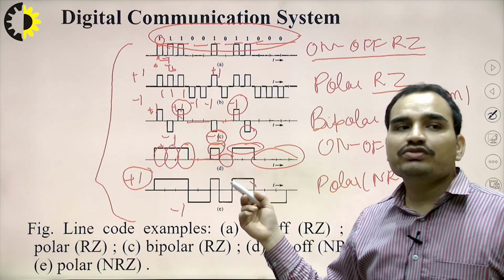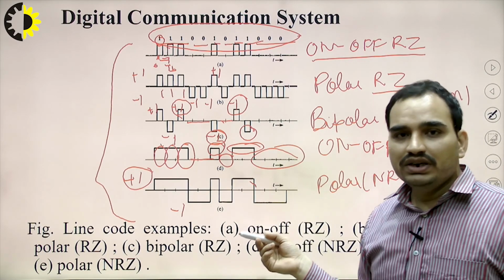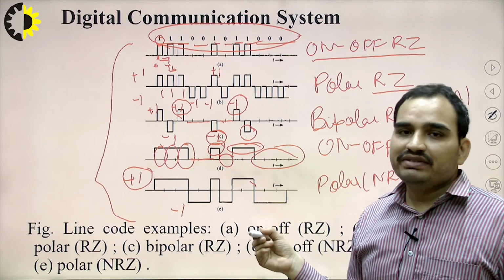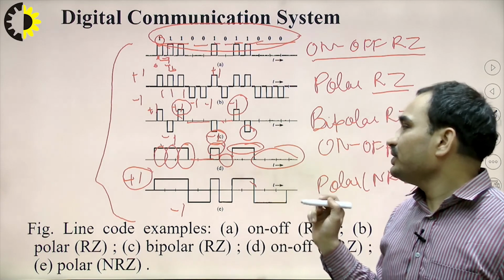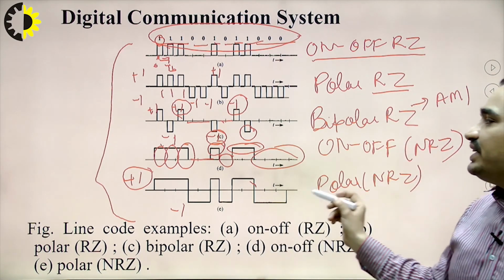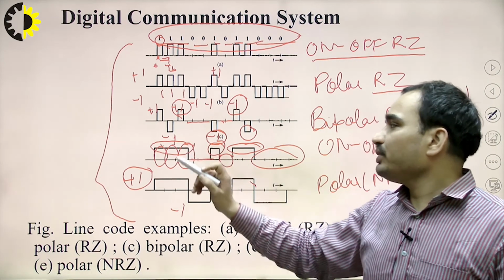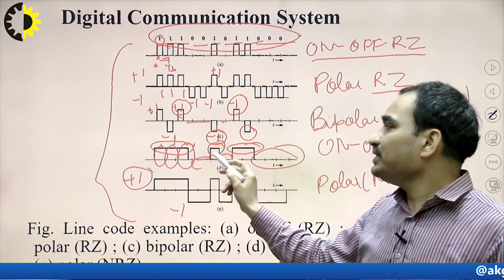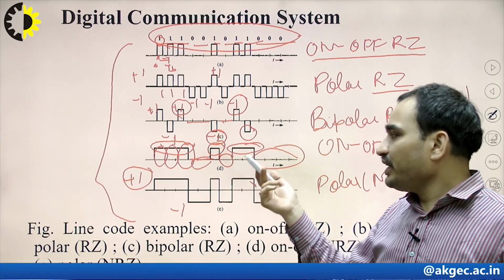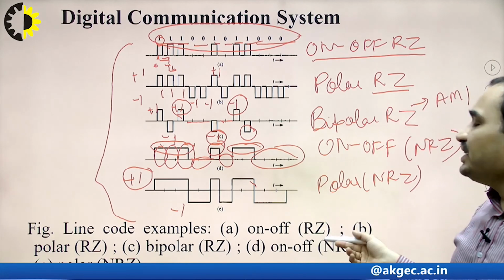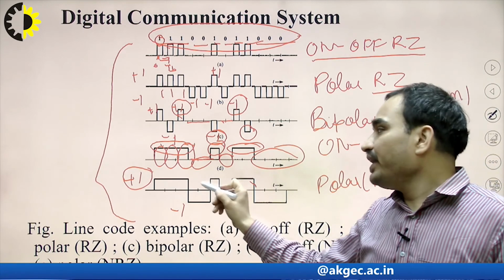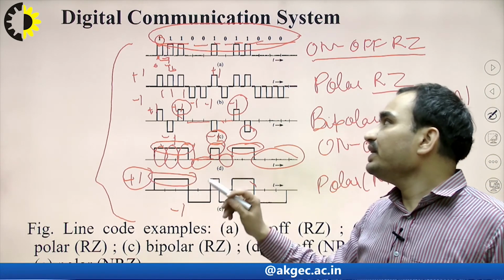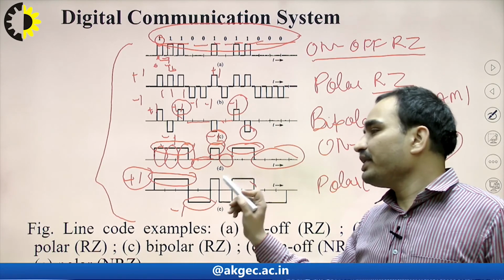So odd-numbered ones have +1, even-numbered ones have -1. For on off NRZ, for the complete bit duration 1 is represented by 1 and 0 by 0. For polar NRZ, 1 is represented by +1 and 0 by -1.